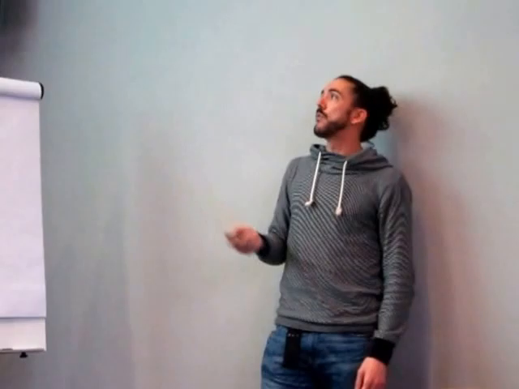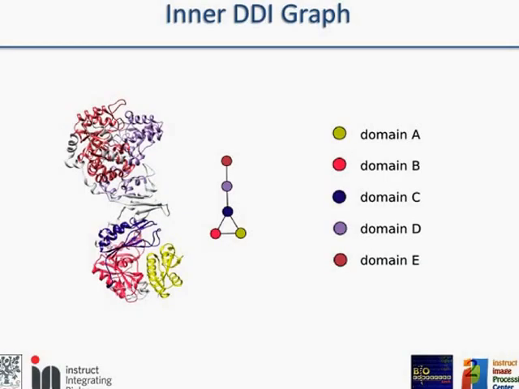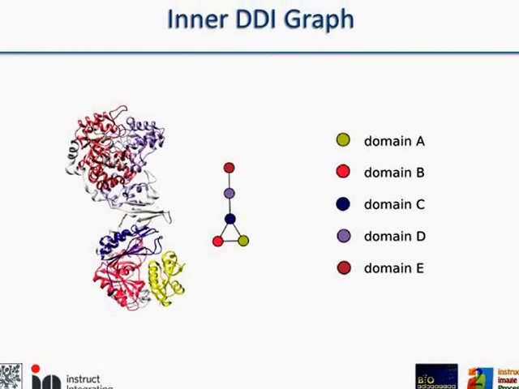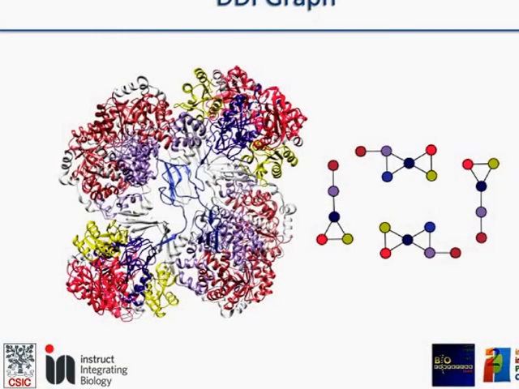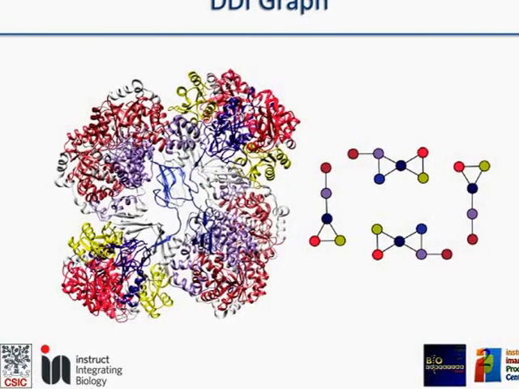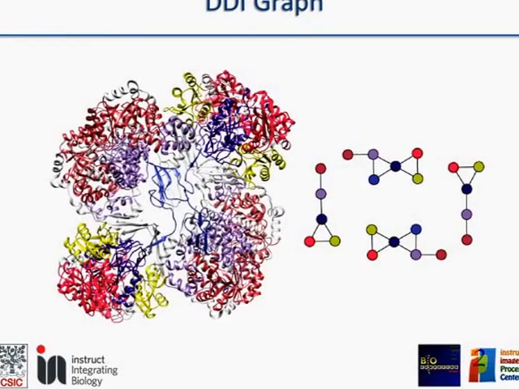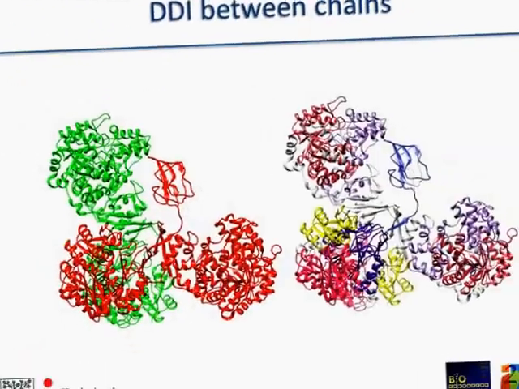Now we can apply exactly the same idea, but at domain level. We can calculate what domains are in my chains, and also see what contacts I have in my complex between all these domains.